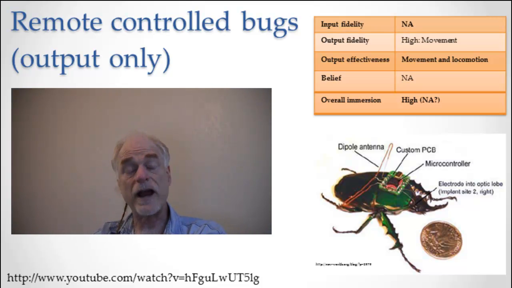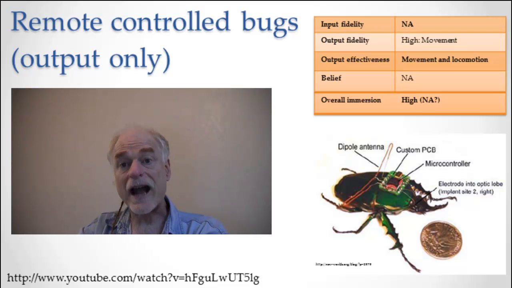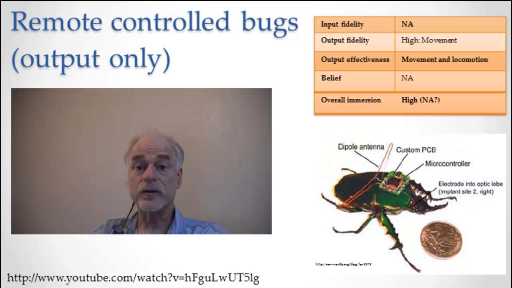Very rudimentary, brand new kind of stuff, but you can see where it's going: the ability to control the output of actual living organisms. No input fidelity here, because we're not talking about input, but very high fidelity for movement. For specific muscles, it is the movement. They have made this bug do something that it would naturally do.